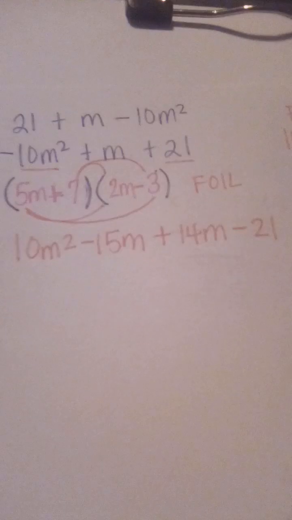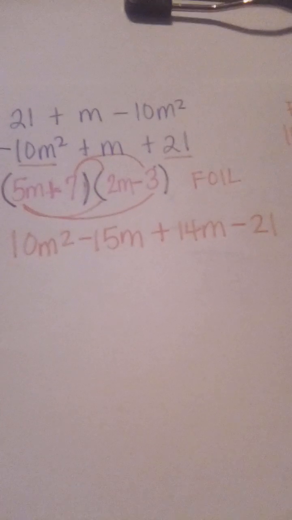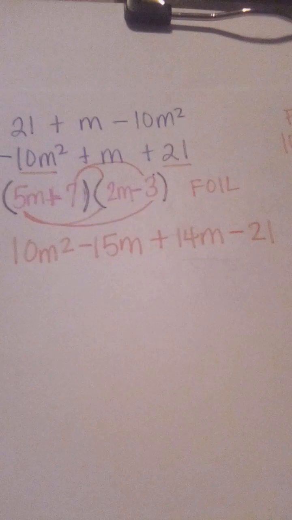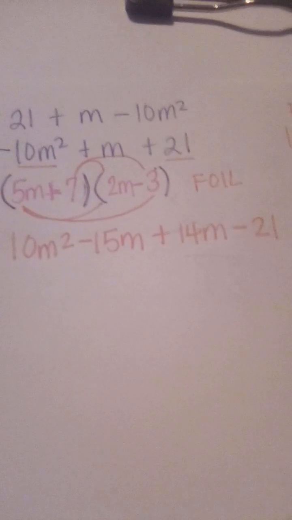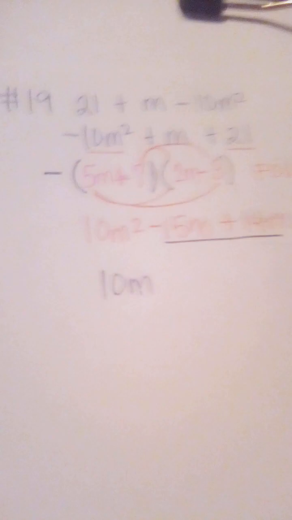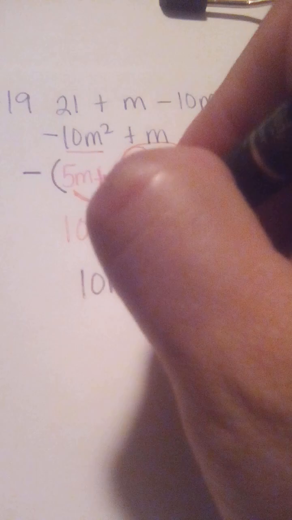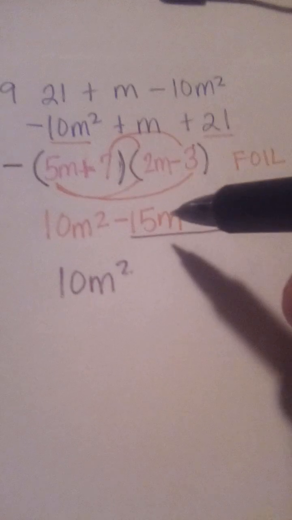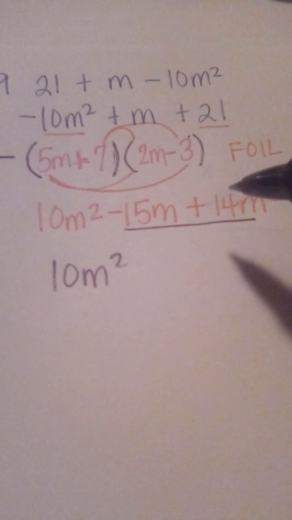Now, are there any combined like terms? Yes. Which ones? Negative 15m plus 14m. Our new factor is completed: 10m squared, negative 15m plus 14m gives us a negative m, minus 21.